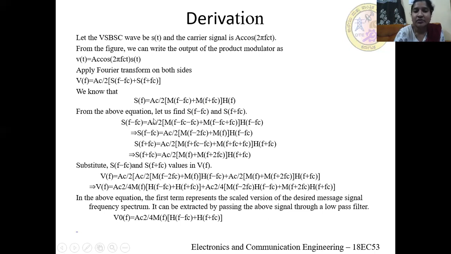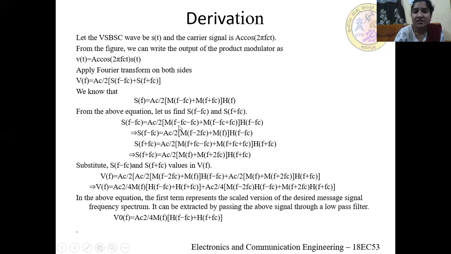So here, S(f minus fc) is equal to Ac by 2 [M(f minus fc minus fc) plus M(f minus fc plus fc)] into H(f minus fc), which means we are adding minus fc to f.